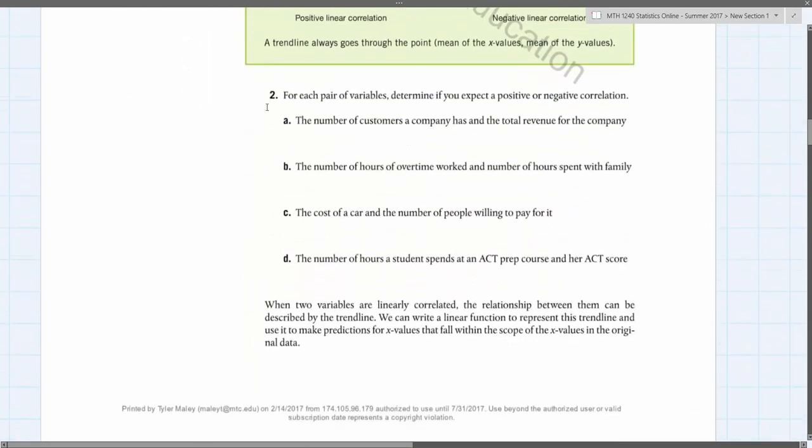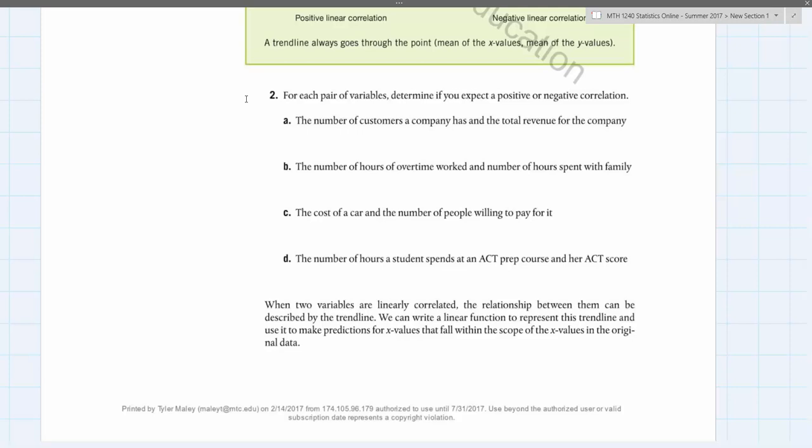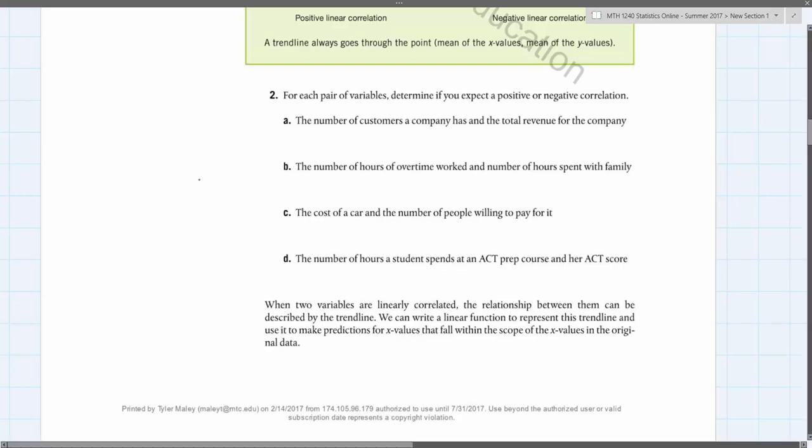So here we want to think about number 2. We're given a situation and trying to think about if we would expect a positive or negative correlation. Right. So 2a says the number of customers a company has and the total revenue for a company. Right. So I might just draw a line here.